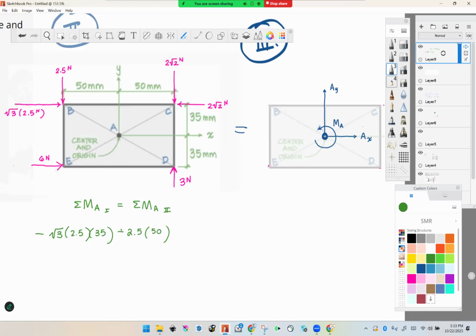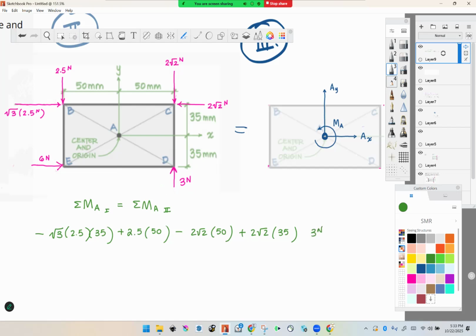Its sign is positive. Next term, 2 root 2 newtons. That one has a moment arm of 50 millimeters and its sign is negative. Next term, we have a different 2 square root of 2. That one has a moment arm of 35 and its sign is positive. Next term, we have 3 newtons.